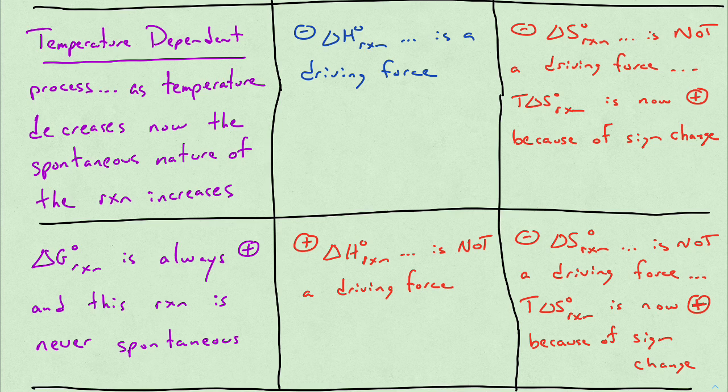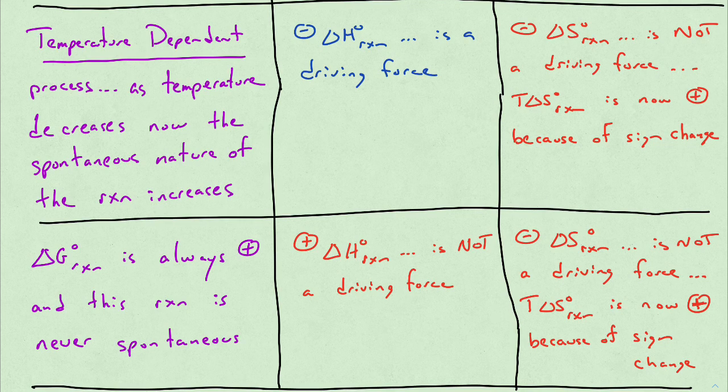And so this leads to our delta G is now always, doesn't matter what the temperature is, always positive. And this reaction is never spontaneous.